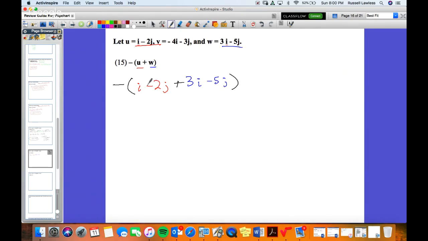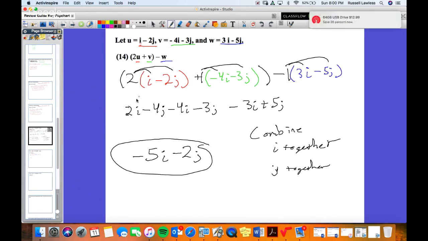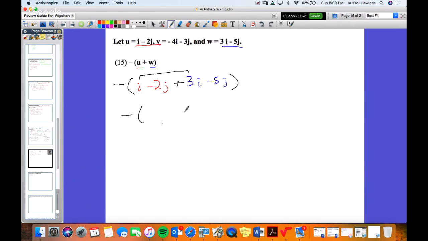And so what we want to do first is simplify the inside and then distribute the negative 1. So when we simplify the inside, combine your i's and combine your j's.